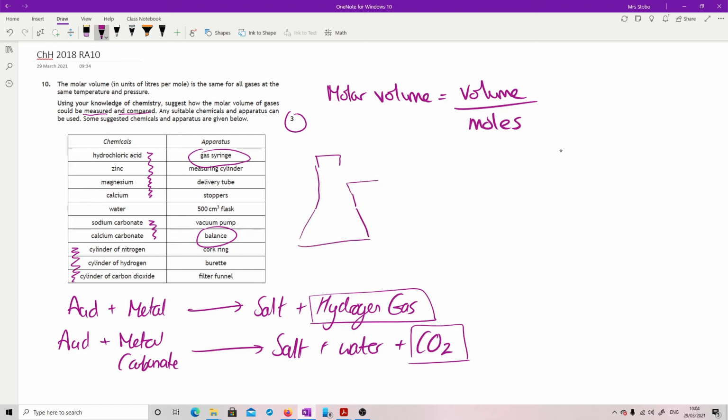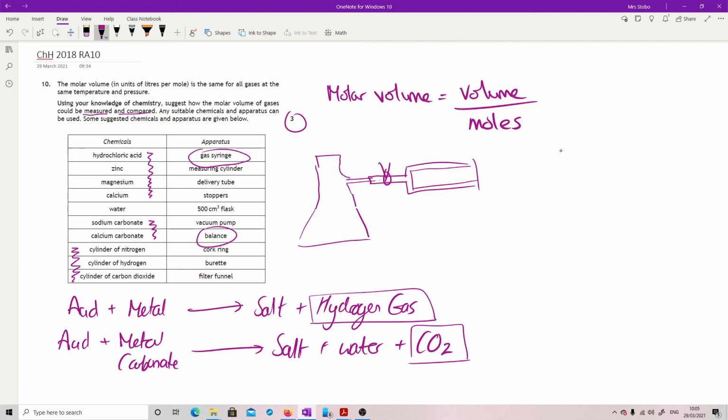And the conical flask has a delivery tube to the side, well, the glass bit of it, and then you hook on a plastic bit, your rubber tubing, and then that's attached to the gas syringe. Now if you have a clip which you can use to clip off here, which is a common kind of thing to use, then you can basically measure the known mass, the starting mass of the rubber tubing, the clip and the gas syringe.